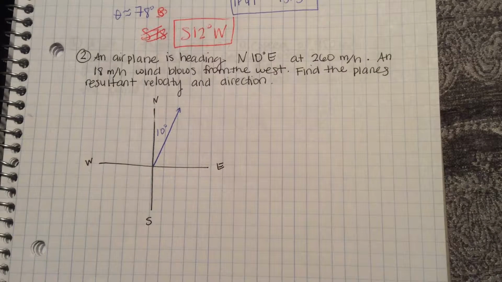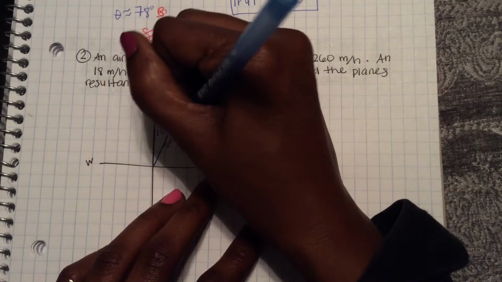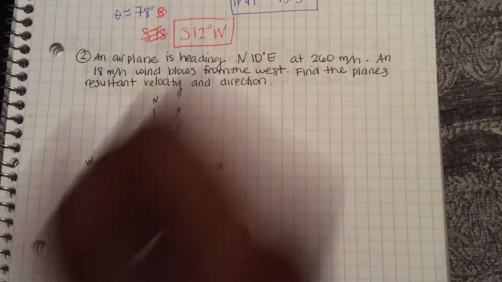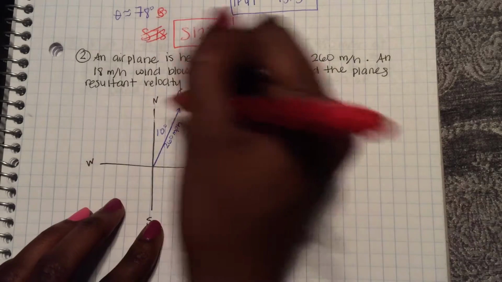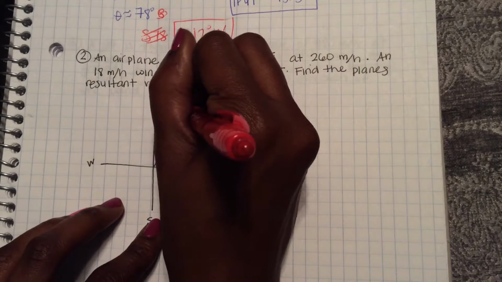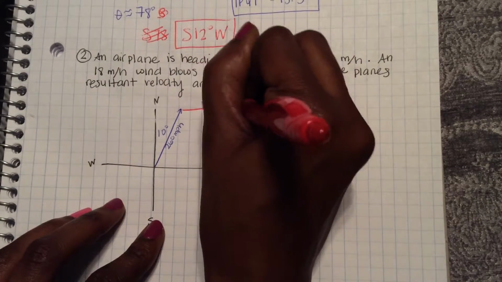And that is heading at 260 miles per hour. An 18-mile-per-hour wind blows from the west. So coming from the west, there is 18-mile-per-hour wind.